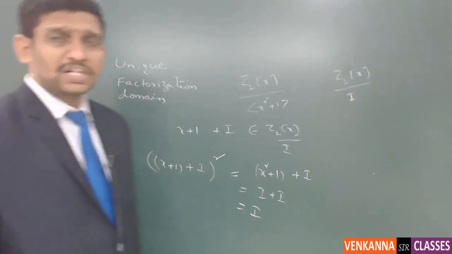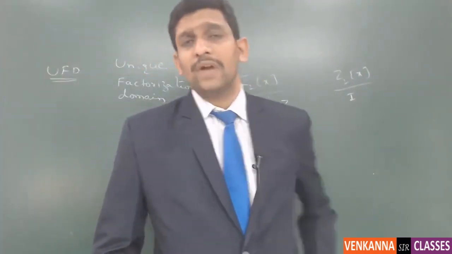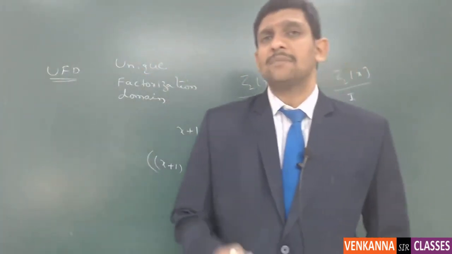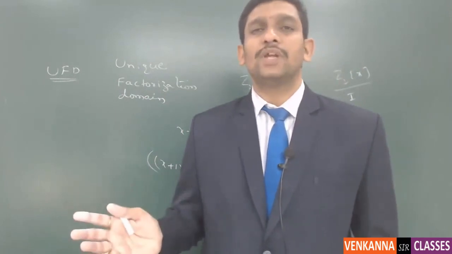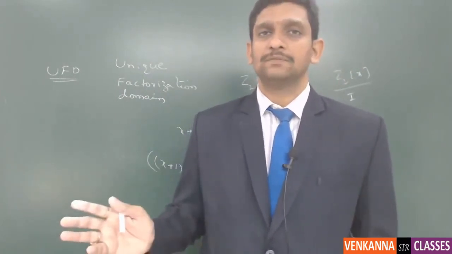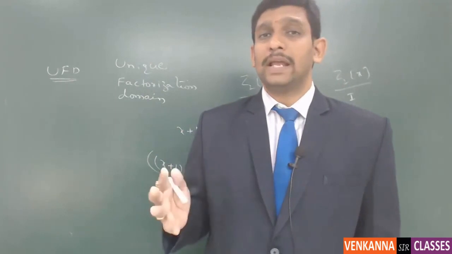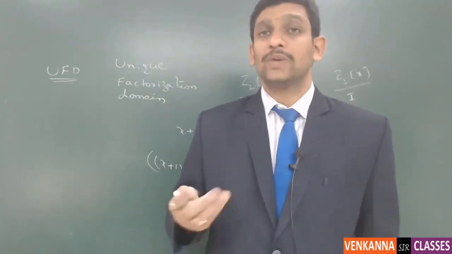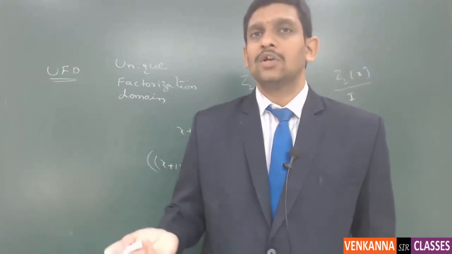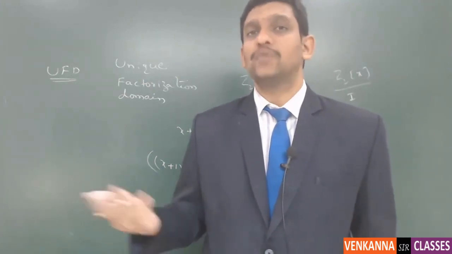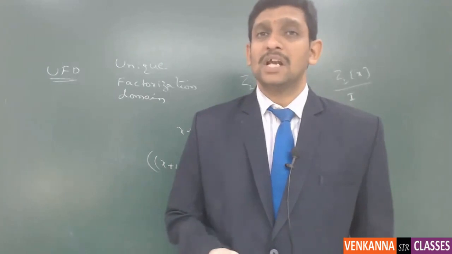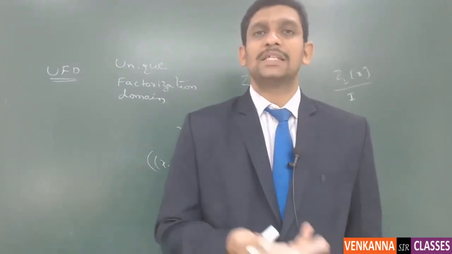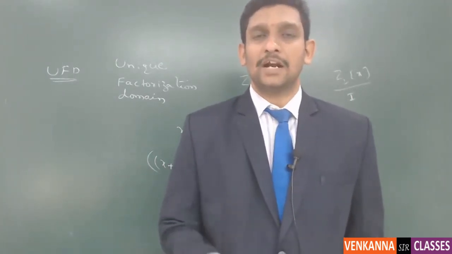With regard to the context of UFD, whenever you consider some results based on UFD, the proofs are very lengthy. So there is no need to learn all the proofs from the exam point of view, because we cannot guarantee that a result will definitely be asked on UFD. The majority of the results are asked on PIDs, Euclidean domains, etc.